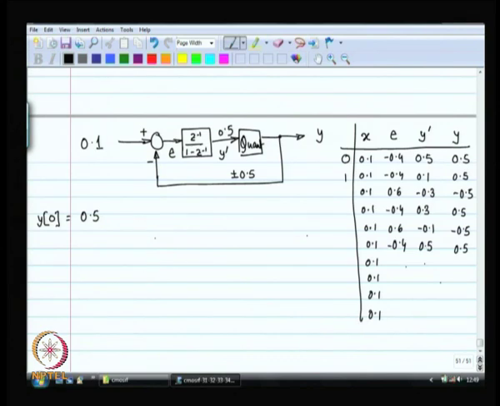Okay. And it is kind of going to repeat. Unless I have made some mistakes, it is going to repeat itself.